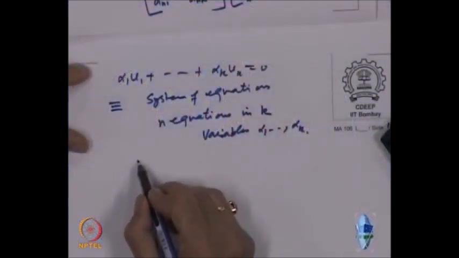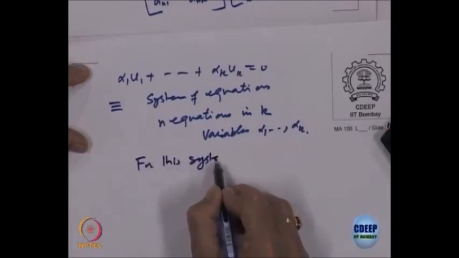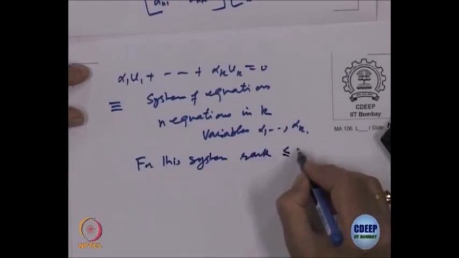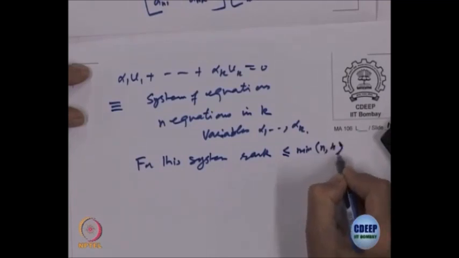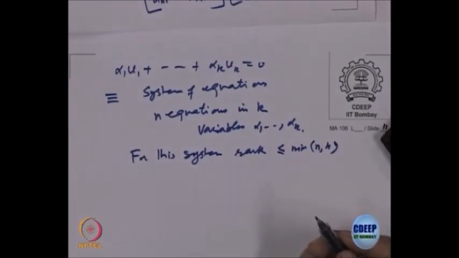When the rank is less than the number of variables, not the full rank. Here what is the rank possible for this system? The rank should be at most the minimum of n and k, the minimum of the number of rows and the number of columns.